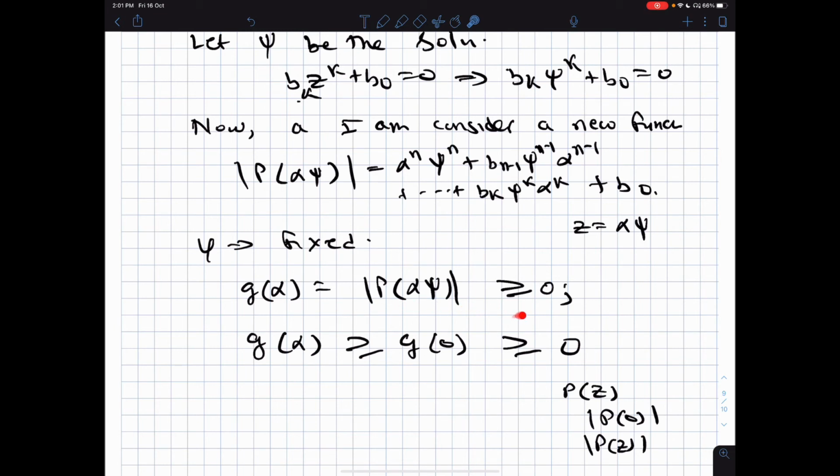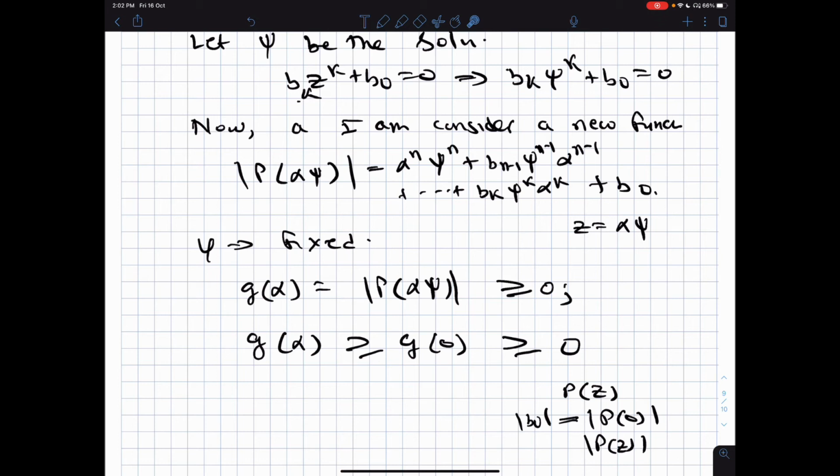So can it have a minimum which is lower than the global minimum, which is g of 0, which is mod of p of 0, which is effectively mod of b naught? So can anything be lower than that? No, it cannot be. So therefore I am saying that g of alpha is greater than or equal to g of 0, which is greater than or equal to 0.